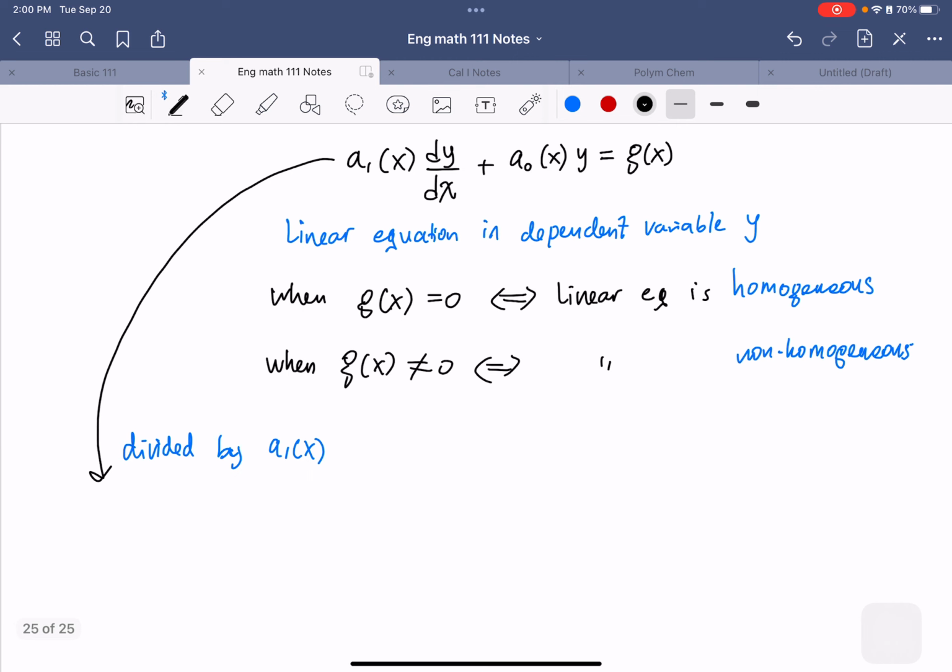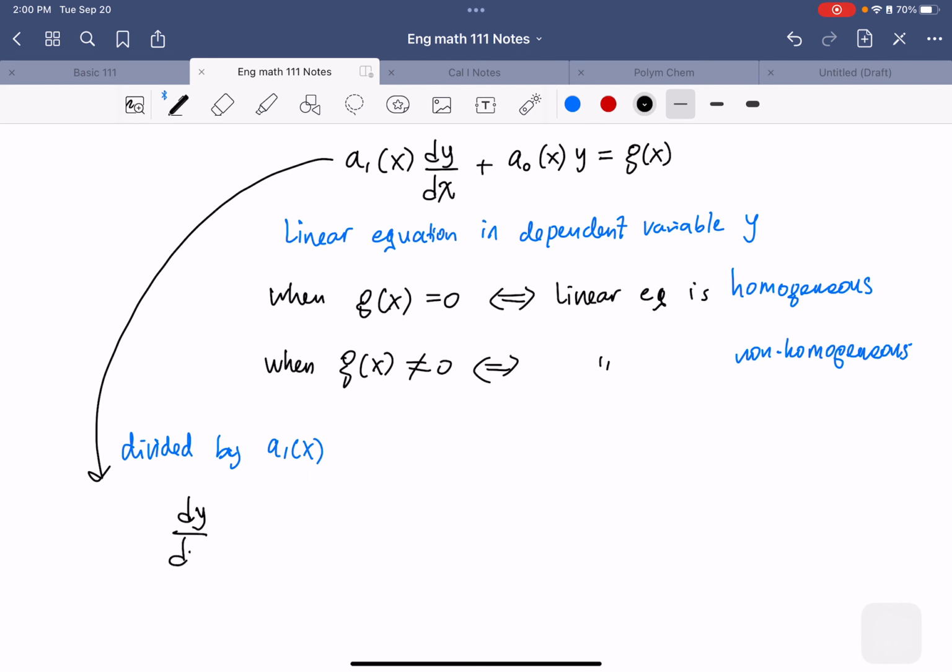We will have dy over dx plus a0 divided by a1, which is another function, p of x, times y, equal to, let's say the function g, but let me just write it as f. Now this is what we call the standard form of linear equation.